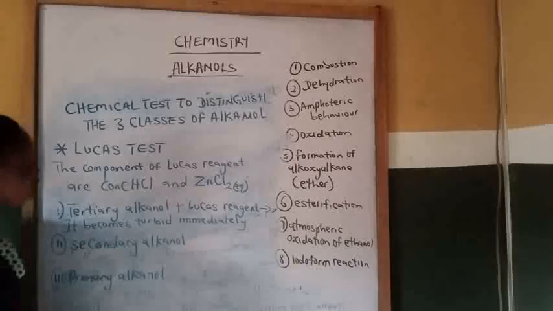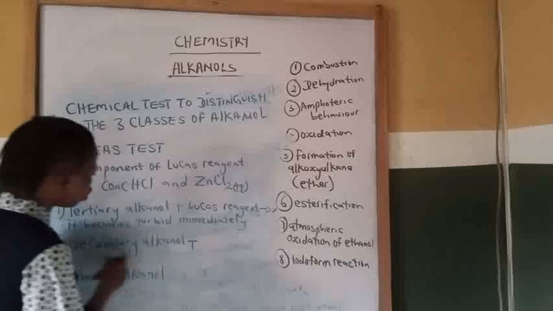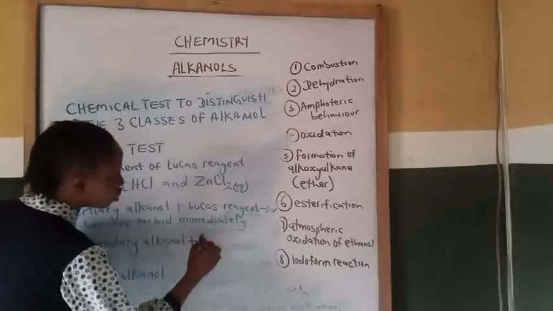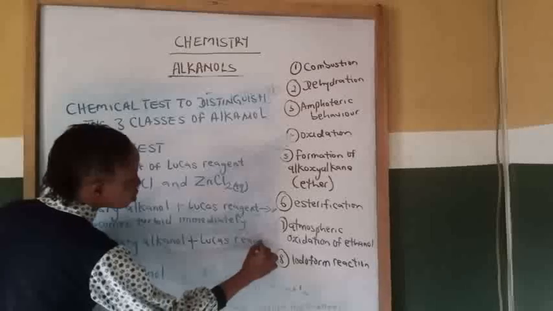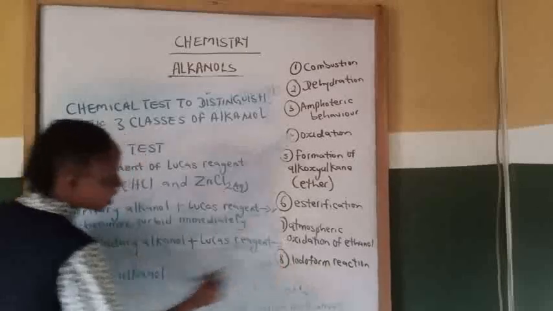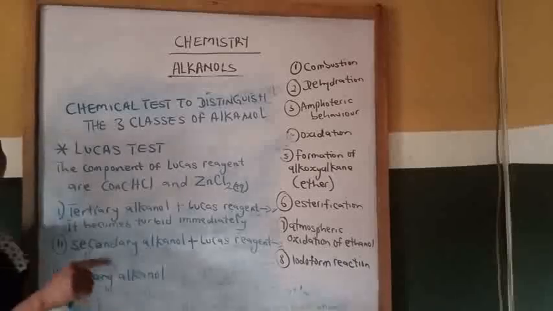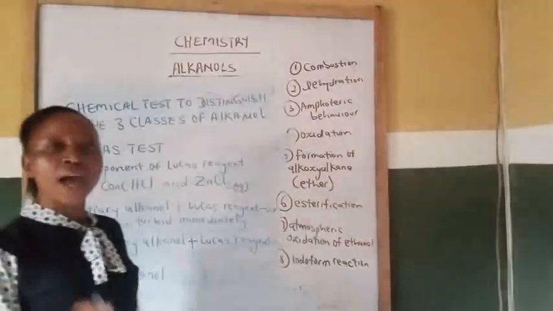Then if you add Lucas reagent to a secondary alkanol, the solution will become turbid after 5 minutes.